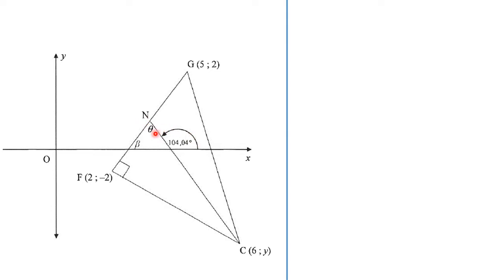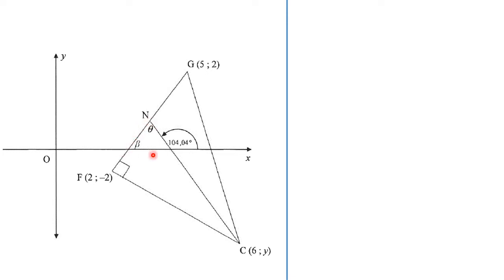Another thing that we see is that this angle, which is 104.04 degrees, is an inclination angle of line CN. Can you see that? But you can also tell that there is a little triangle somewhere here. This very same angle, 104.04 degrees, is the exterior angle of this triangle.